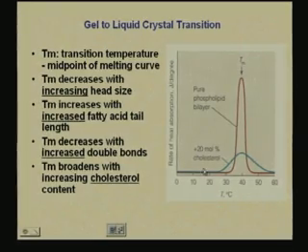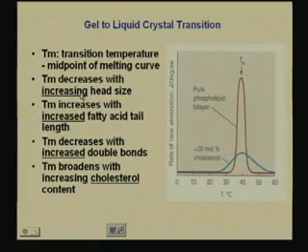If you have a pure phospholipid bilayer, you are going to have a sharp transition. Why? Because all of them are perfectly ordered. The differences can arise where you will get a broader melting curve based on the differences of the fatty acid chains that the phospholipid is comprised of.